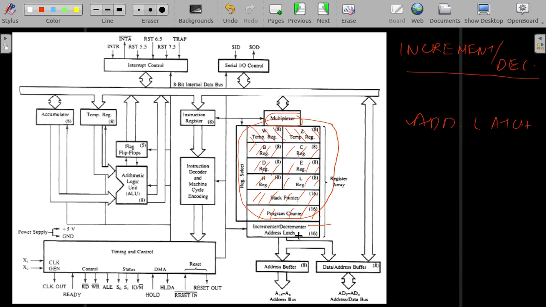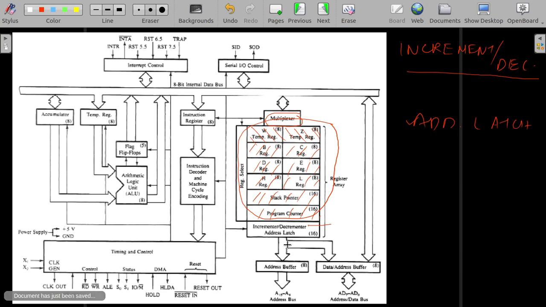Okay. Then there is the address buffer and the data/address buffer. We have said that the program counter points to the next instruction to be executed, and we can use the HL pair as a data pointer. That means we have some address in some of these registers and we want to pass it to the memory.